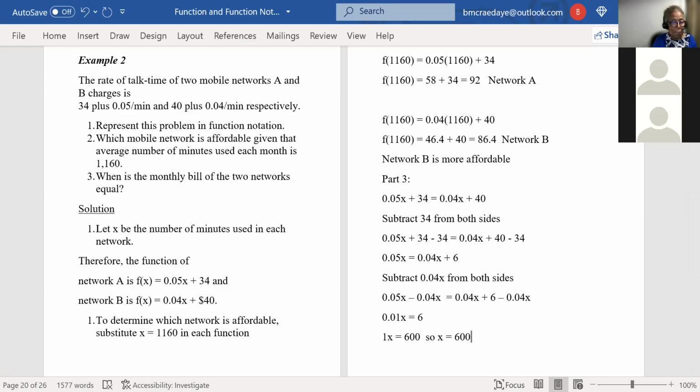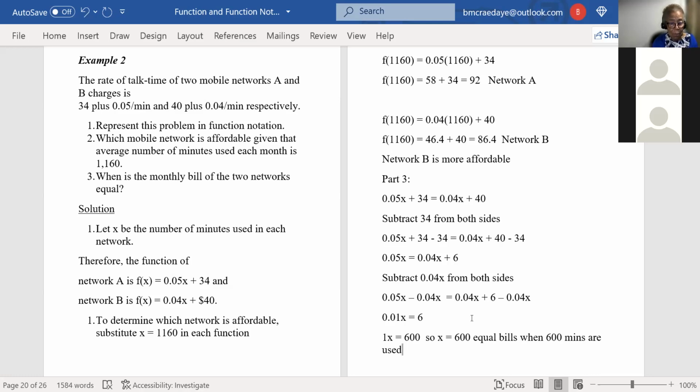Right? So when is the monthly bill equal? x is the number of minutes. So the bills are equal when 600 minutes are used.